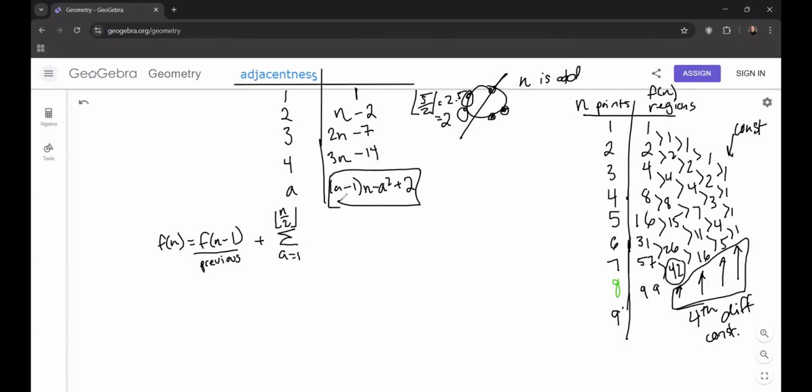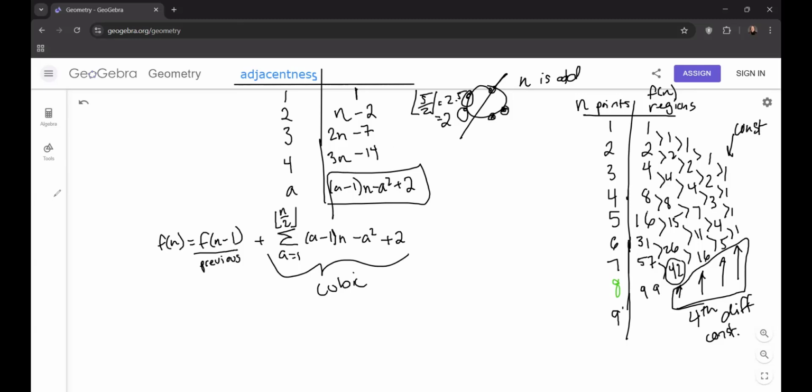We're going to add up what this formula gives me, because this formula generates each of these. Now what I want to show is that whatever this is going to be is cubic. If I can show that it's going to be cubic, then I'm going to be convinced that we are in fact a 4th degree pattern, and it's not just something that I noticed in these first 8 terms.